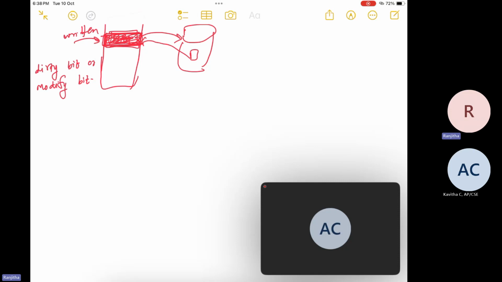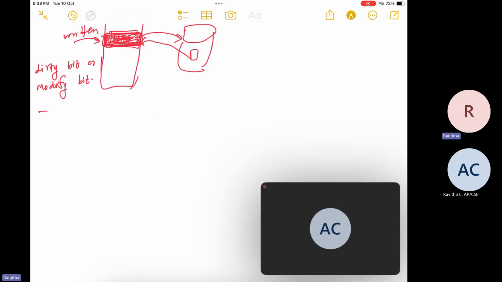If there are no free frames available, then we have to find a page for replacement. But if a free frame is available, then there is no need of page replacement. We can use the free frame. But if there is no free frame available, then we need to find a victim frame for replacement.